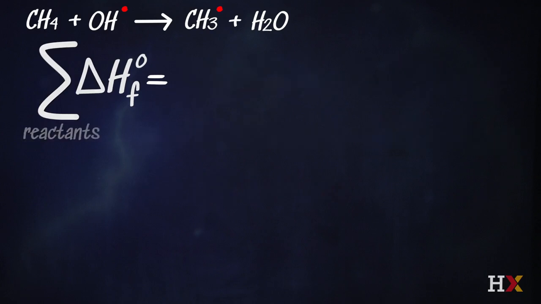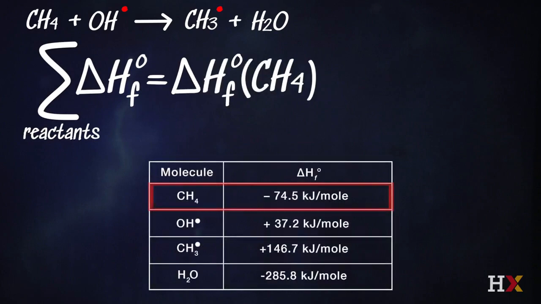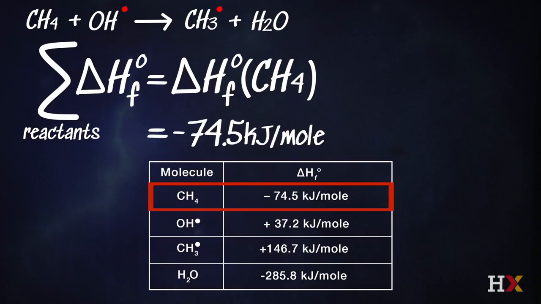Okay, so now we've done the calculation for the products. Now we want to do exactly the same thing for the reactants. So in this case, we want to take the enthalpy of formation of methane under standard conditions. We look that up in the table. That's equal to minus 74.5 kilojoules per mole. We want to add to that the enthalpy of formation of the hydroxyl radical.